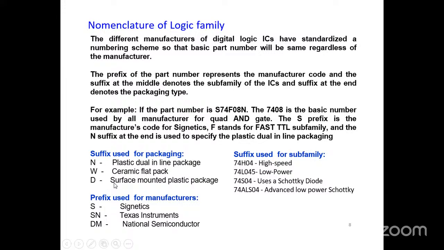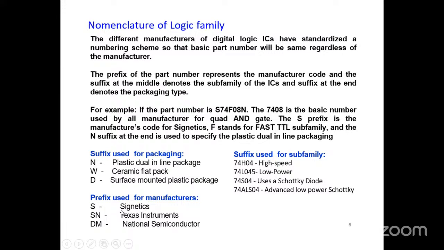If D is on the IC, then it is a surface mounted plastic package. Then the suffix used for subfamily: H indicates high speed, L indicates low power, S indicates Schottky diode, and AL indicates advanced low power Schottky. These are the different technologies used in making the ICs.